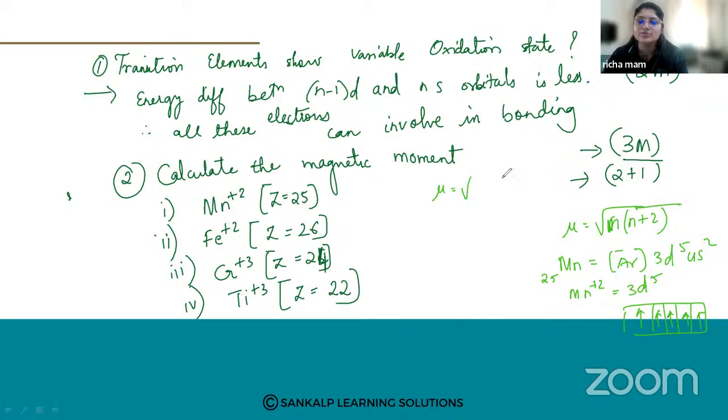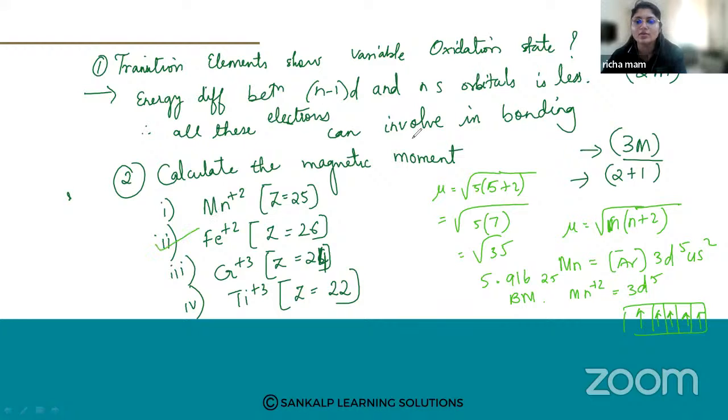Mu is equal to root of 5 into 5 plus 2, which is 5 into 7, the square root of 35. The square root of 35 is 5.916 Bohr magneton. Are you solving? Tell me the answers, and you can do the next one.